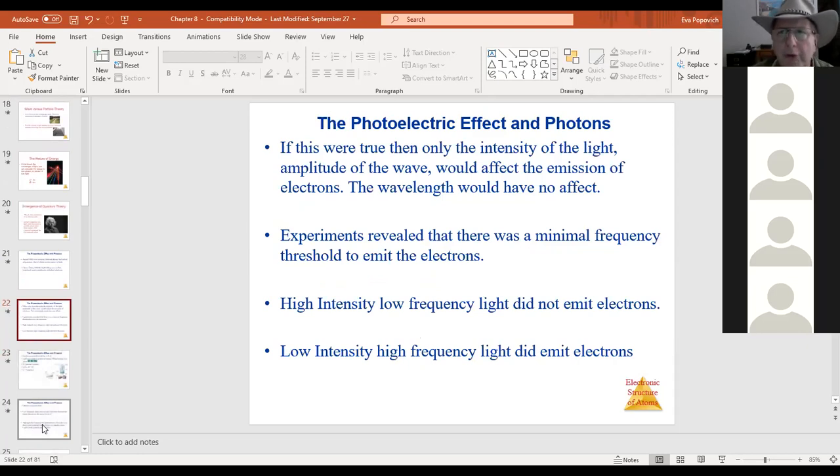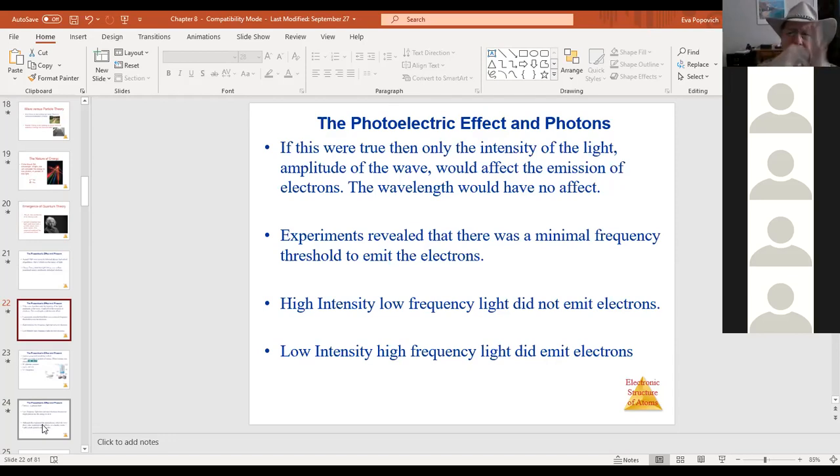The photoelectric effect. Basically, wave theory cannot define it, because when wave theory goes into defining energy, it defines it through the amplitude of the wave. What they found when they were doing experiments is that waves with very, very high amplitudes but a very, very low frequency had no effect.